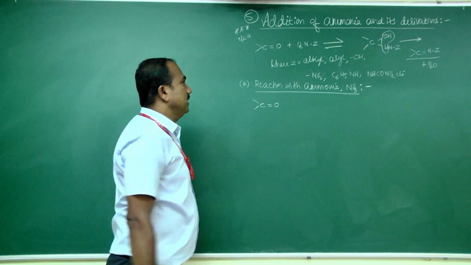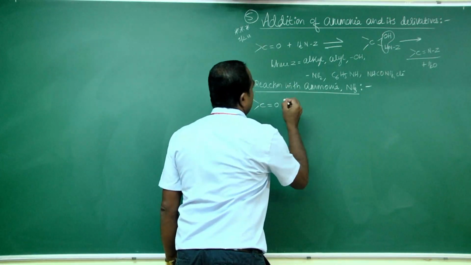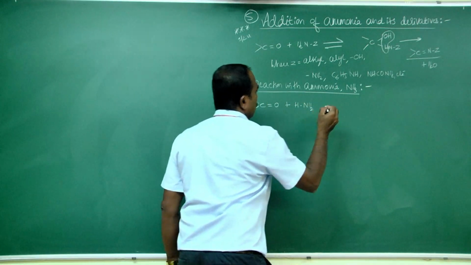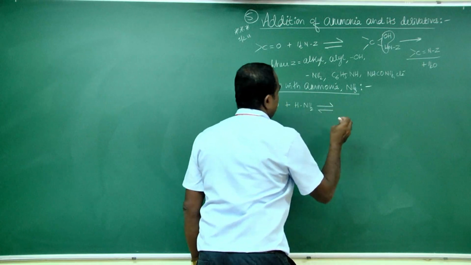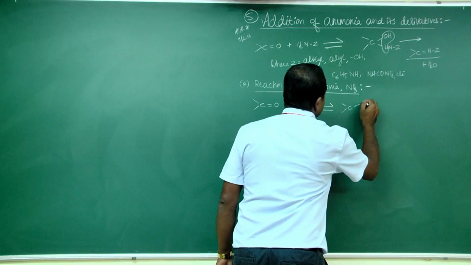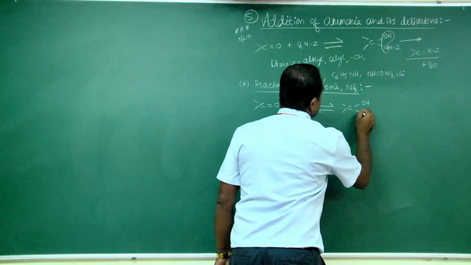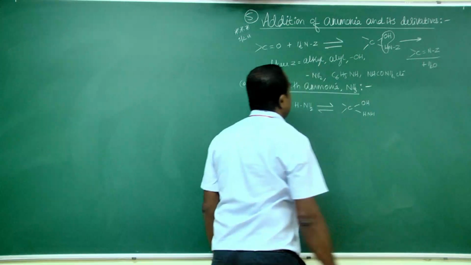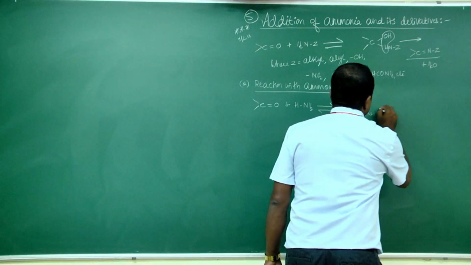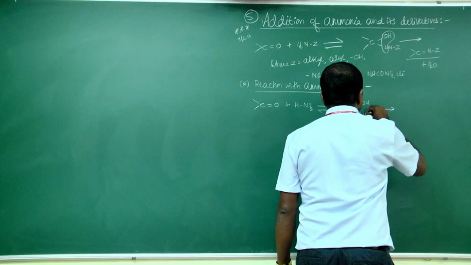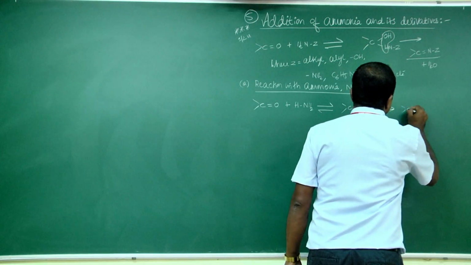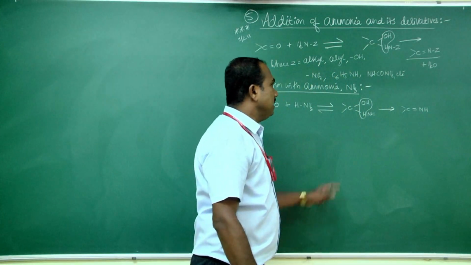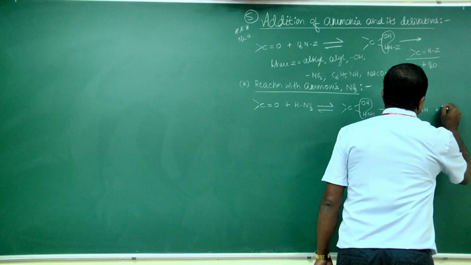Carbonyl compounds, C double bond O, react with ammonia, NH3, to form the intermediate, that is C single bond OH connected to NH2. Therefore, dehydration takes place to form the product, that is C double bond NH plus H2O.